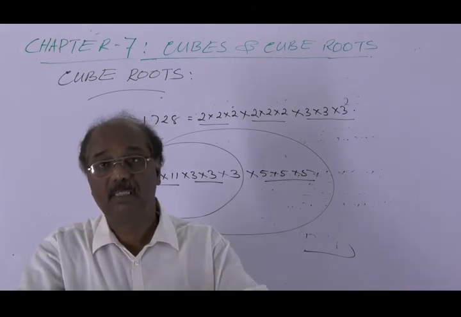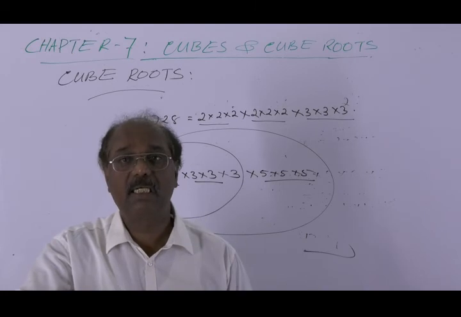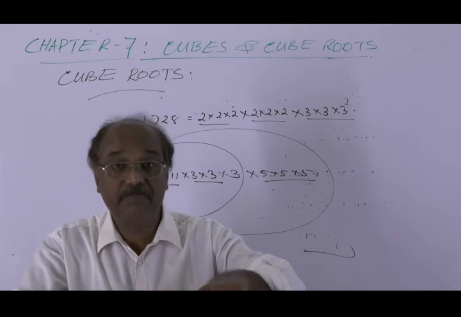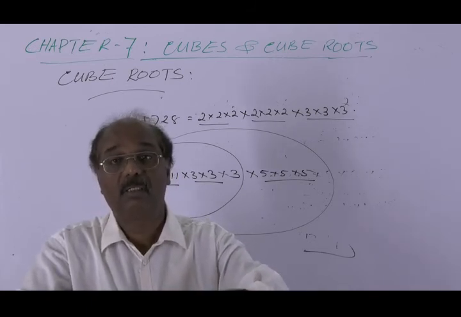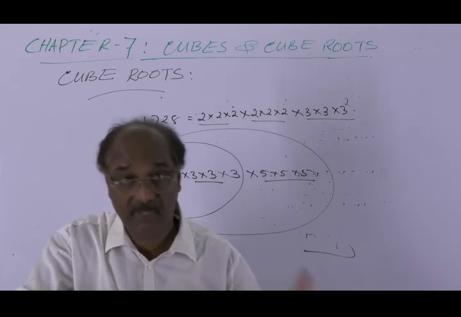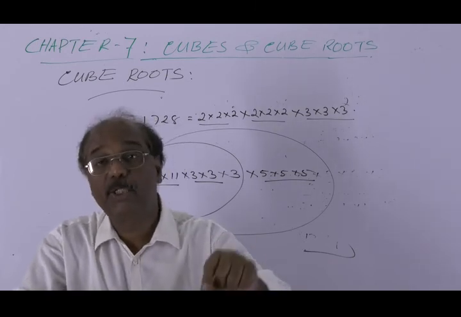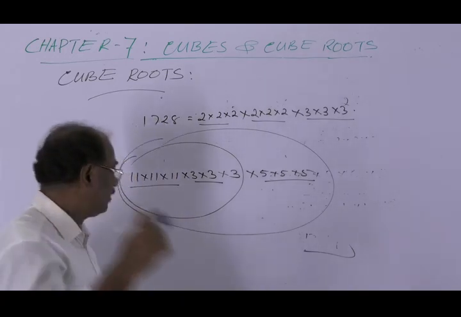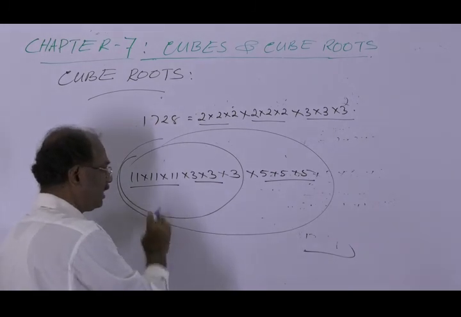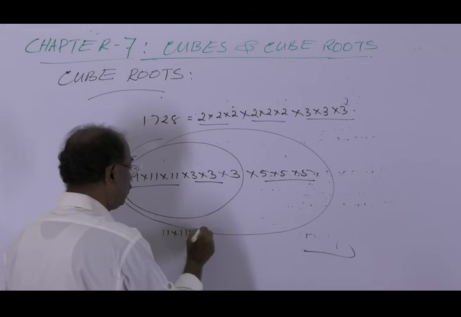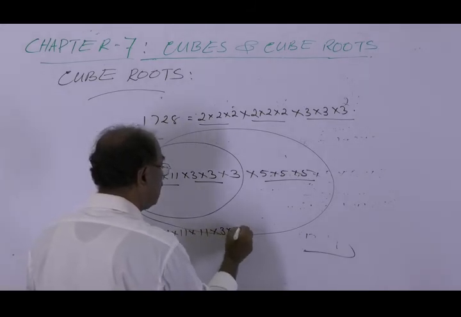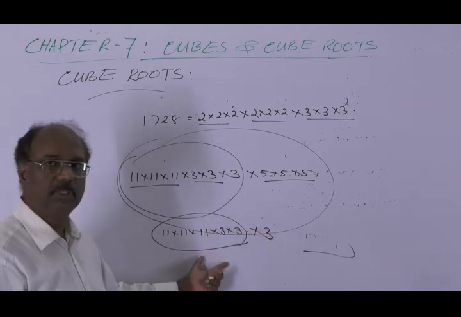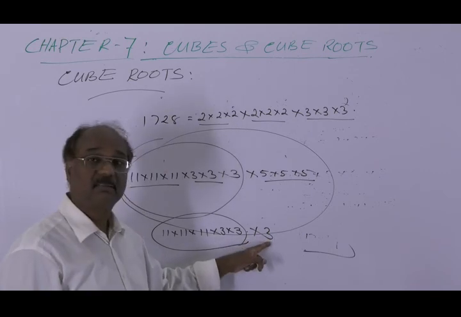But here, one important question is this: what is the smallest number which when multiplied with the given number makes it a cube? Here, if we multiply the given number, 11 into 11 into 11 into 3 into 3, with this 3, it will become a cube, and this 3 is the smallest.